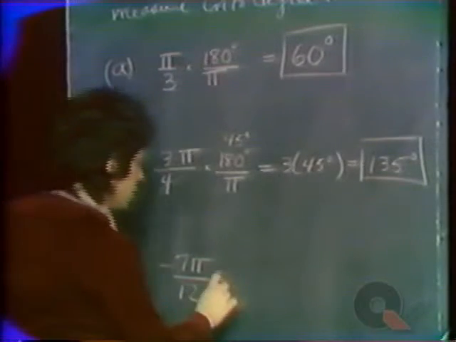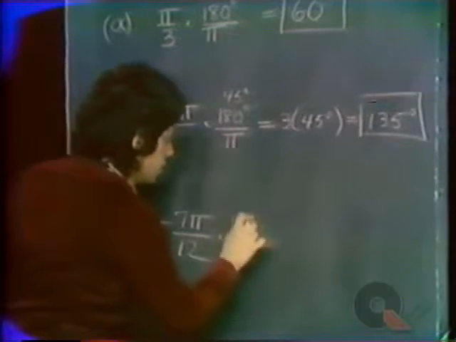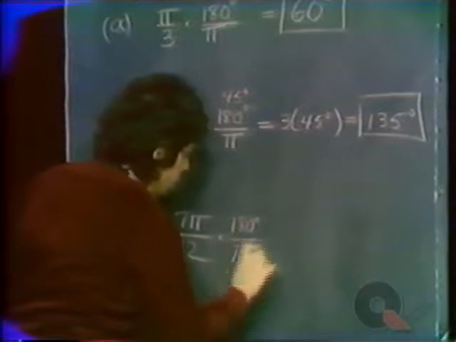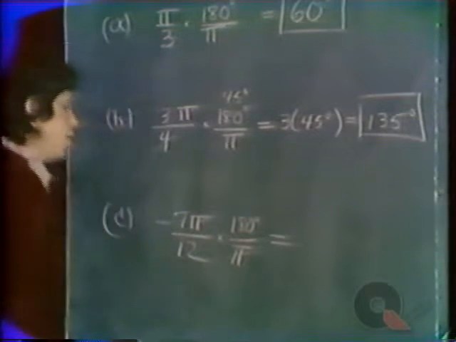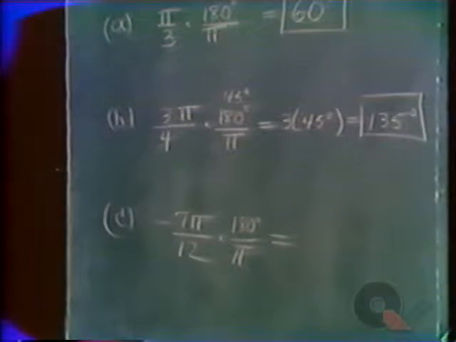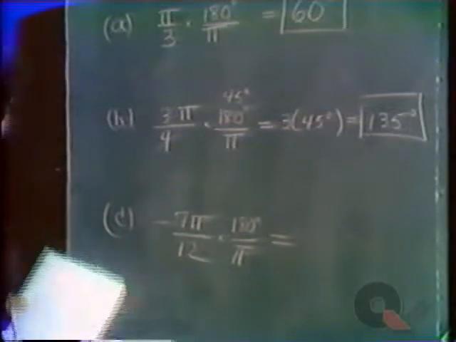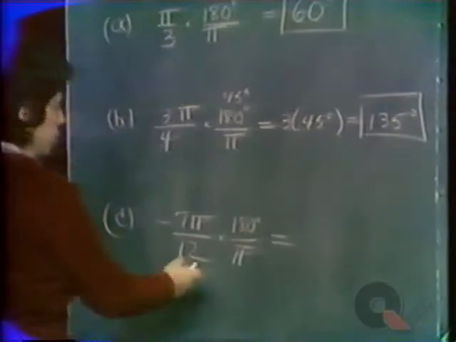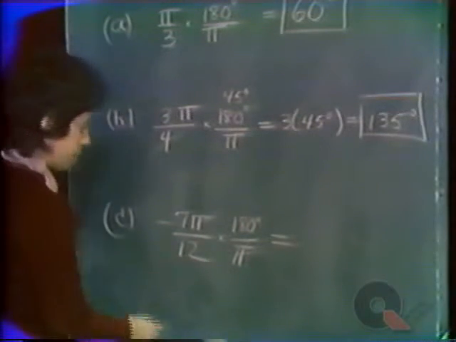And finally, over here, minus 7 pi over 12. We multiply by 180 degrees over pi. Once again, the pi's cancel. Either way you look at it, you could say how many 12s in 180, and it would go 15 times, or you could first divide by 3 and then divide by 4 afterwards.